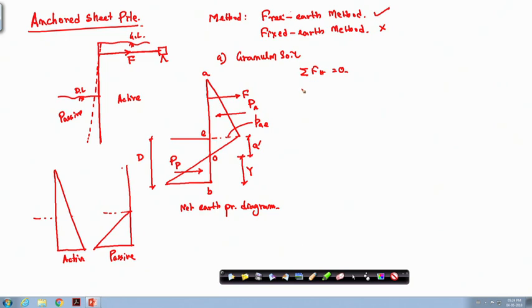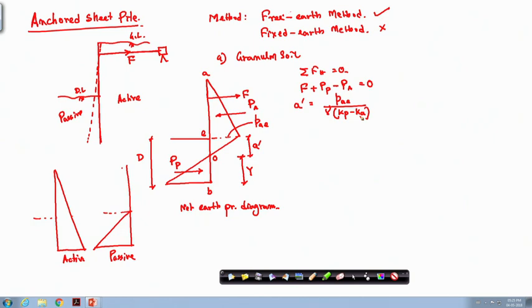The horizontal forces are F, this is the anchor force, plus P P minus P A, that is equal to 0. Okay. And now, the A dash value I will get from the previous problem, the cantilever sheet pile in granular soil, I get that this is P A E divided by gamma or gamma dash into K P minus K A. Okay. So, that is the A dash I will get.